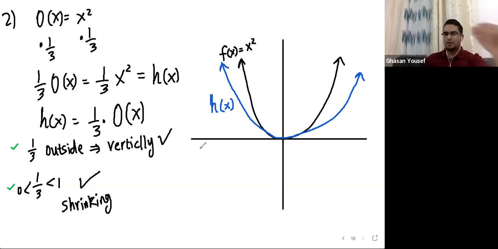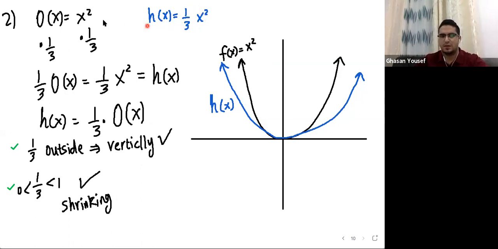Okay, yes, sure. I can explain it. The original function is f of x equals x squared, and the function I need to graph is h of x equals 1/3 x squared. I have to modify this function to make it close to 1/3 x squared, so we multiply both sides by 1/3.